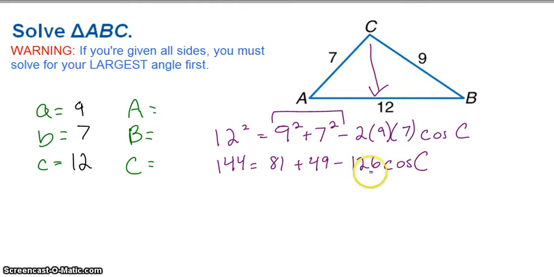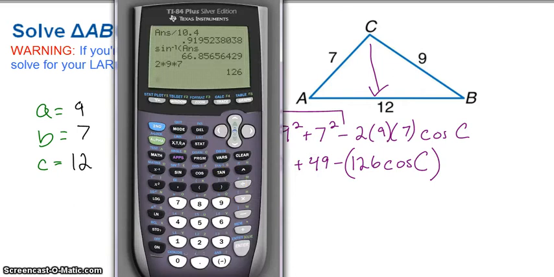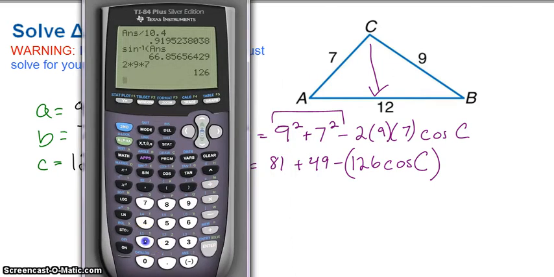Notice how this is a product. These have to stay together. So I'm going to take 144 minus 81 minus 49, and I get 14.